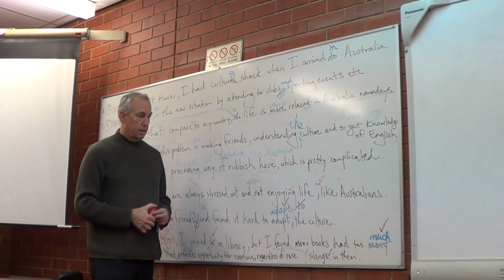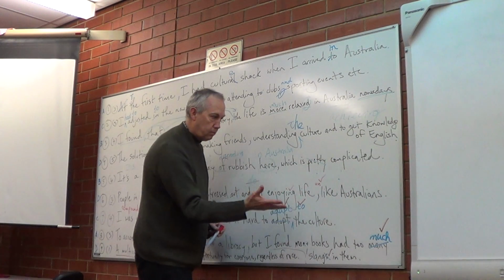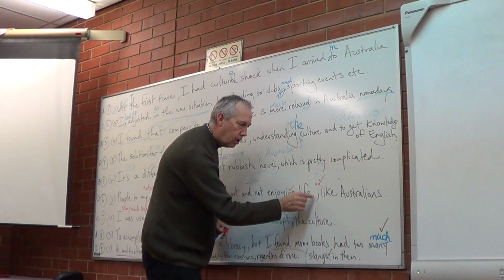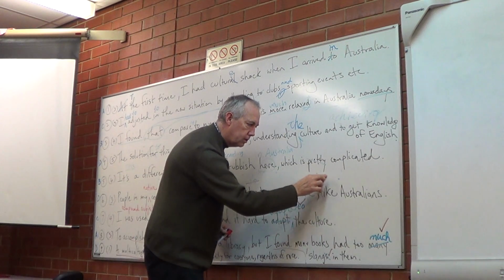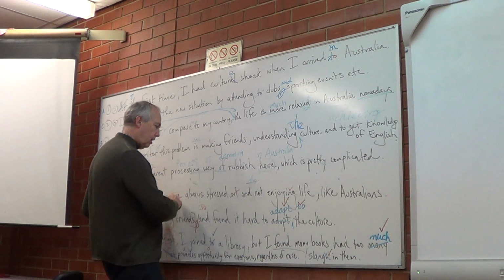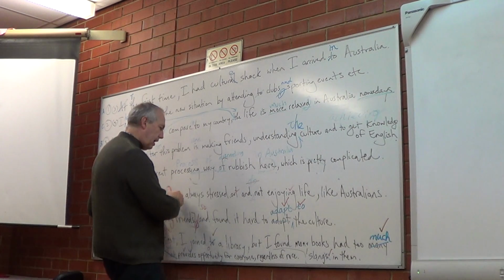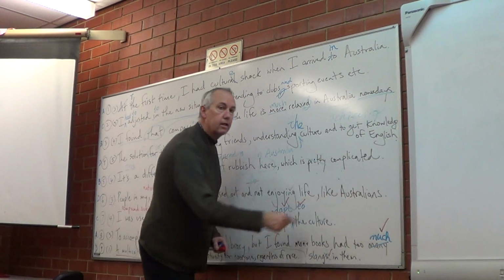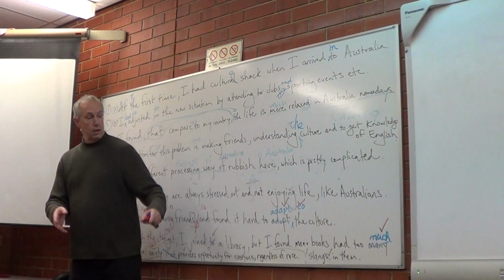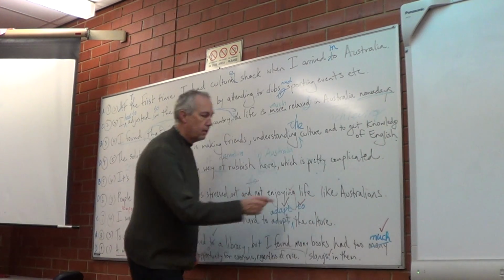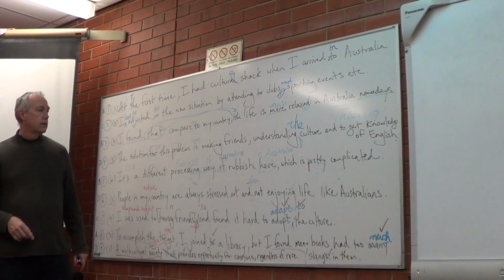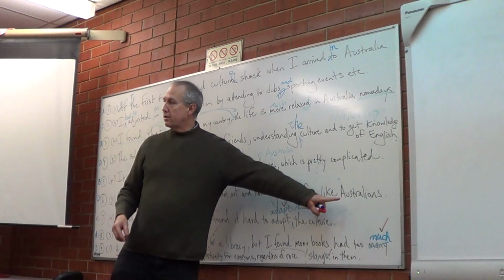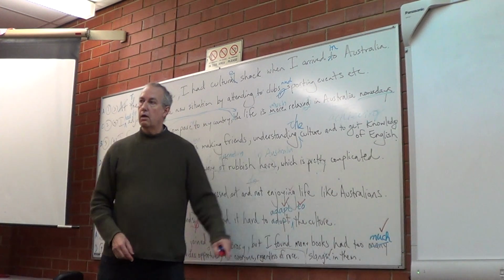It means Australians are relaxed. Yes, that's what you're trying to say. However, by putting the comma there, you're saying they're like this, like Australians. Let's take it off. That's what you meant: they're not enjoying life like Australians do.